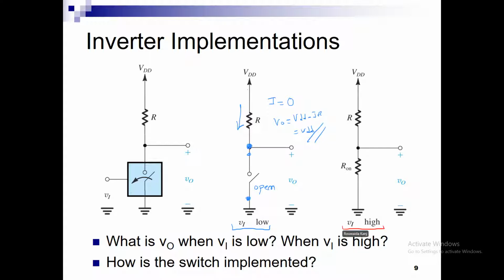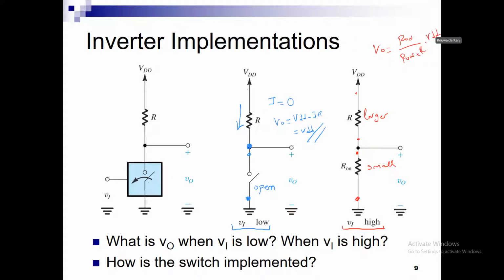Okay. Now, the other scenario happens when Vn is high. When Vn is high, this switch is characterized by some small on resistance. Ideally it should be a short circuit, but it has a small on resistance. So the device is from one side connecting the output to ground, and the load resistor, which is typically larger, is connecting the output to VDD. So by virtue of voltage division, V out is going to be equal to R on over R on plus R times VDD.